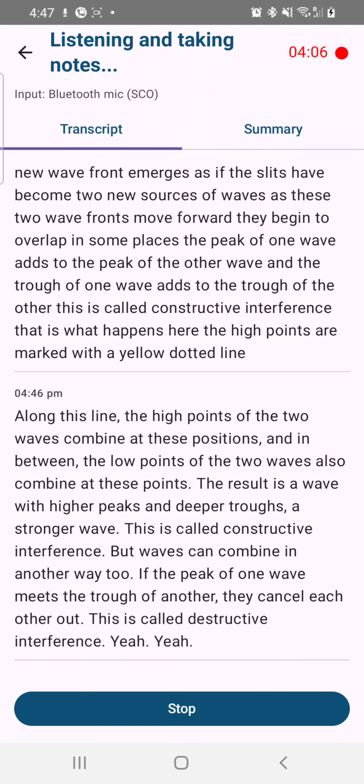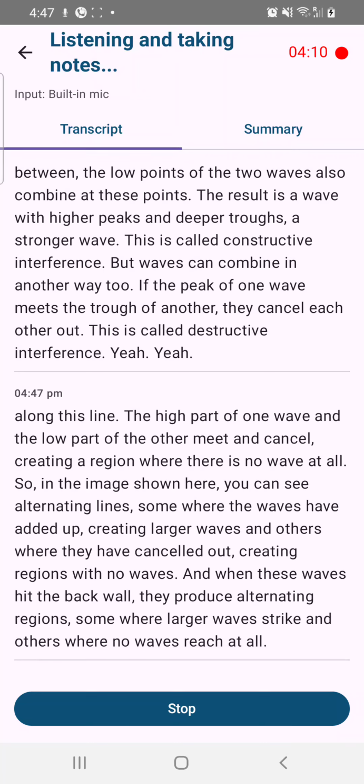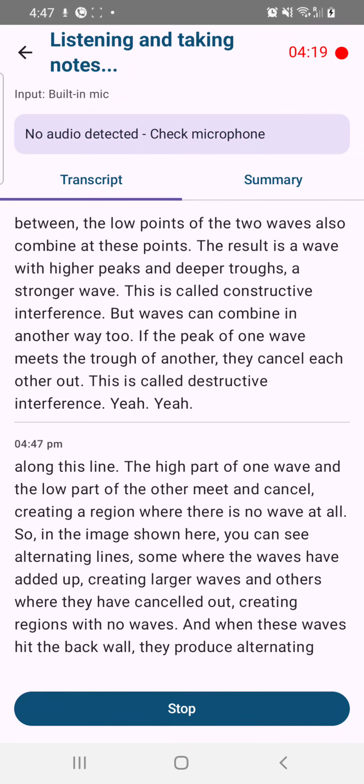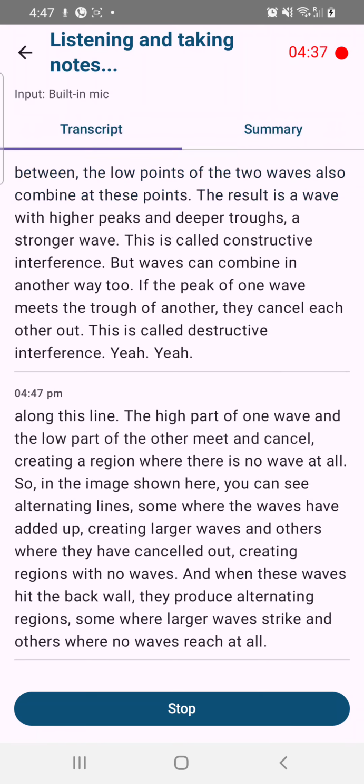The light waves that emerge travel forward and hit the barrier.